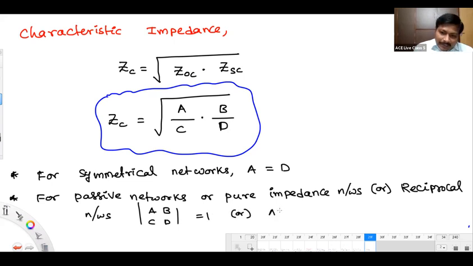For passive networks, or pure impedance networks, or reciprocal networks, the determinant of the ABCD matrix, AD minus BC, is equal to 1. A reciprocal network means the network which satisfies the reciprocity theorem.